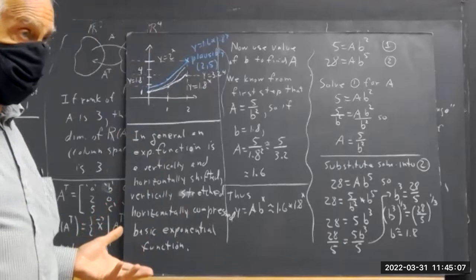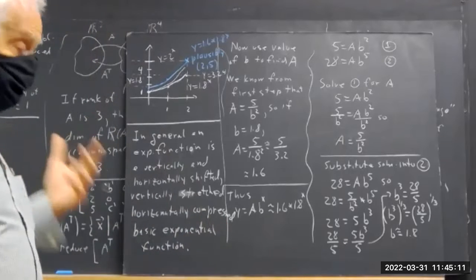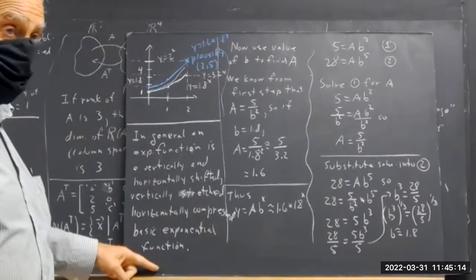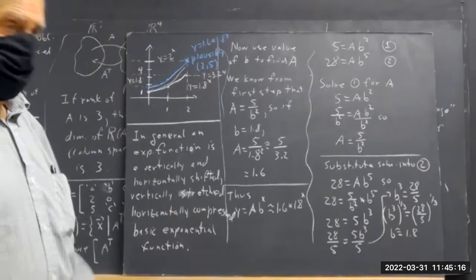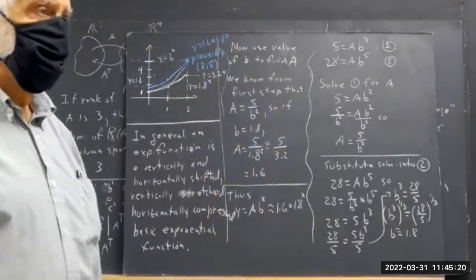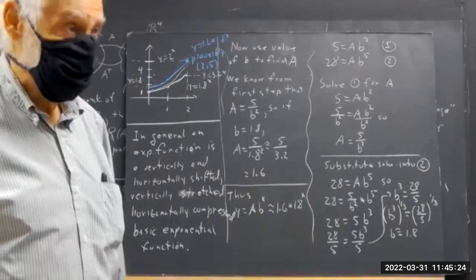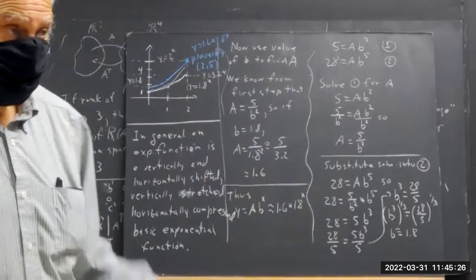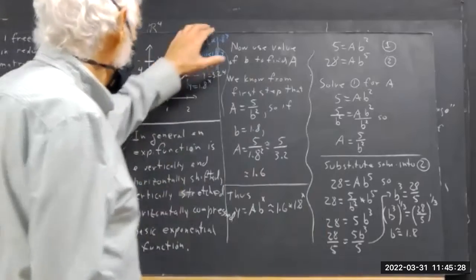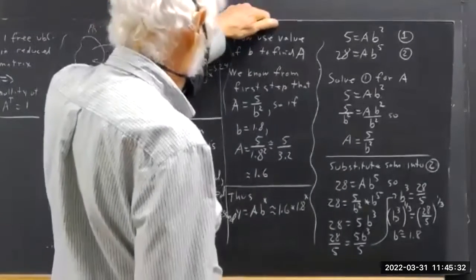Doesn't really matter if your author doesn't want to call this an exponential function. Well, then it's a vertically shifted, horizontally shifted, vertically stretched, horizontally compressed exponential function. It's the same thing. So the terminology doesn't matter that much.